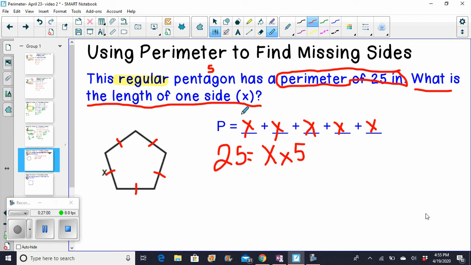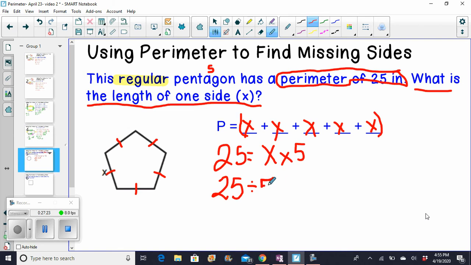I don't like all that repeated addition. Really, I'm taking x 5 times. 25 equals x times 5. What times 5 equals 25? So now we think of it as you either use your multiplication fact knowledge or use your division knowledge.